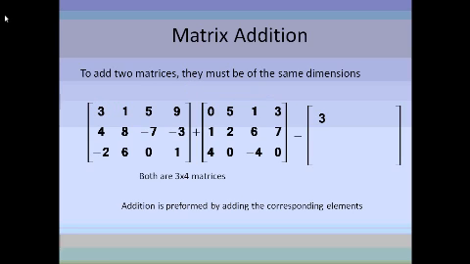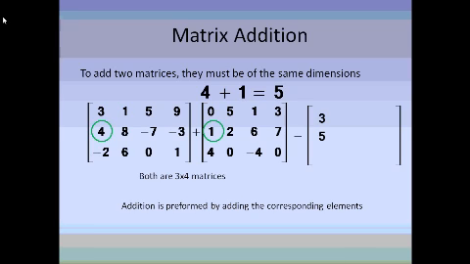We do the same process to find the other elements. For example, to find the element in the second row of the first column, we find the corresponding element in the first matrix and the second matrix and add them together, giving us the element that we are looking for, which happens to be equal to 5.